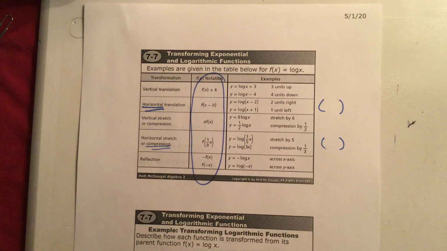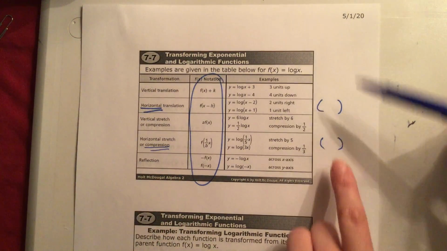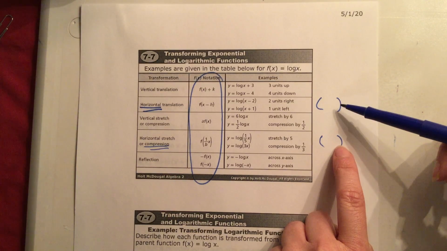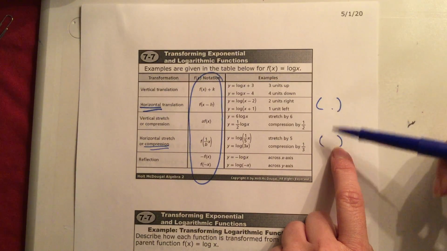We use these rules to transform. We did points, then we did lines, then we did parabolas, then we did cubic functions, then we did quartic functions. In chapter 6, we did so many crazy things. Okay, so these are the same rules. The things I just wanted to point out that if it's a horizontal translation or a horizontal stretch or compression, the change will be in parentheses.